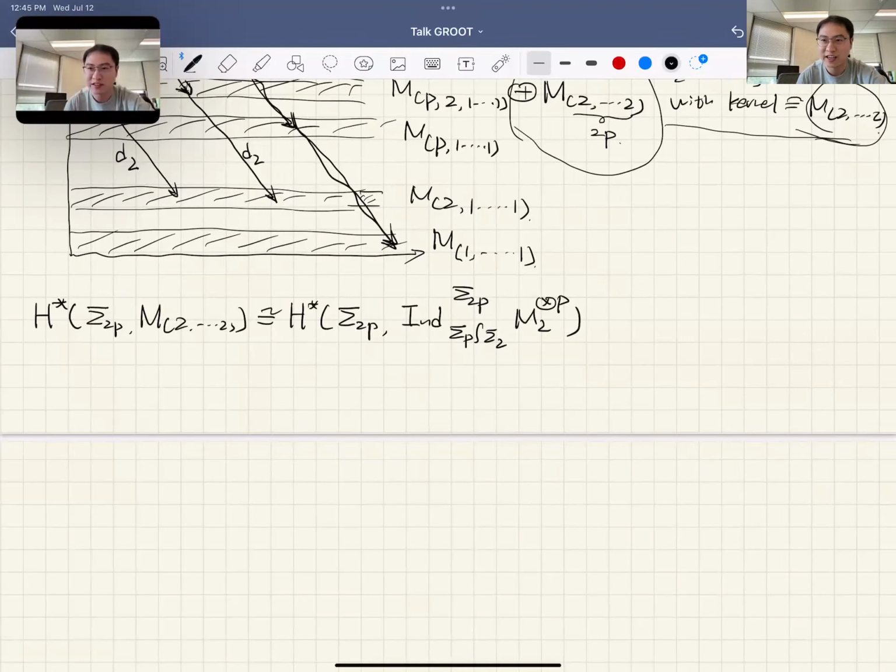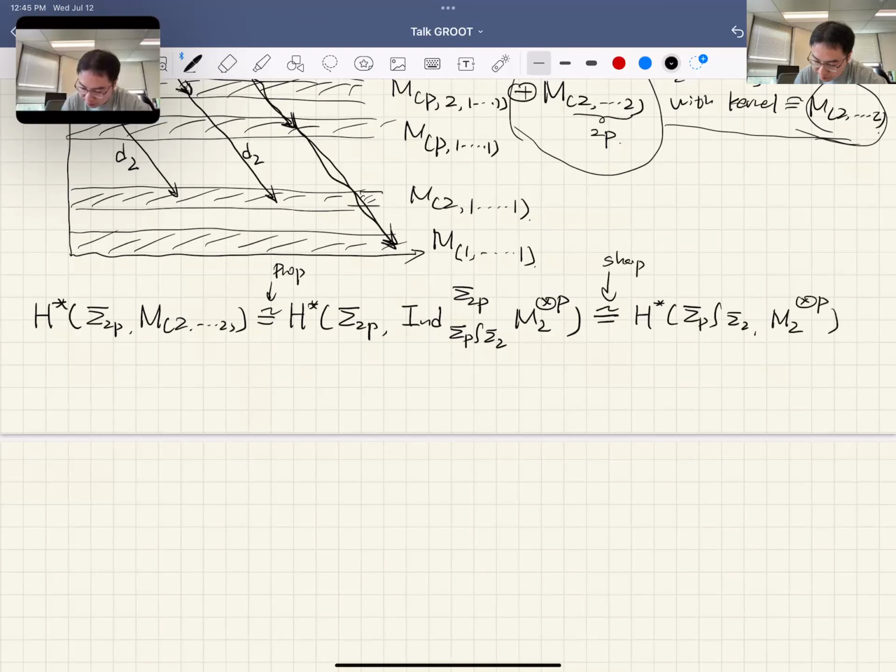You may already have forgotten, but that's all right. Then by Shapiro's lemma, which is the proposition I had before, this is isomorphic to the cohomology of sigma p wreath sigma 2 with coefficient in m2 tensor p times.